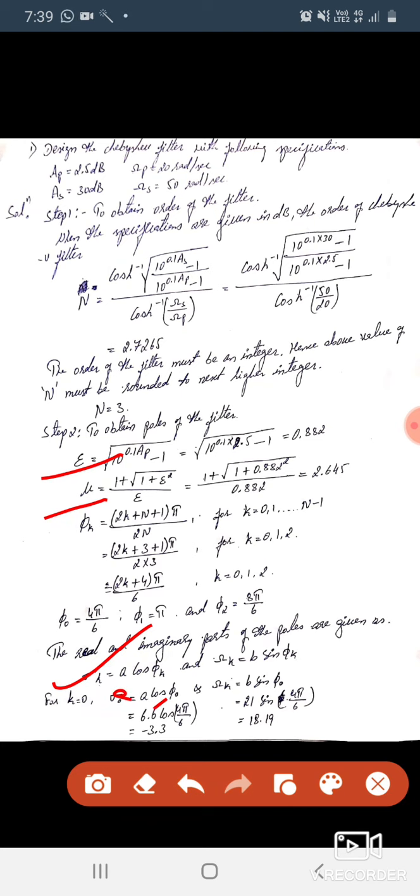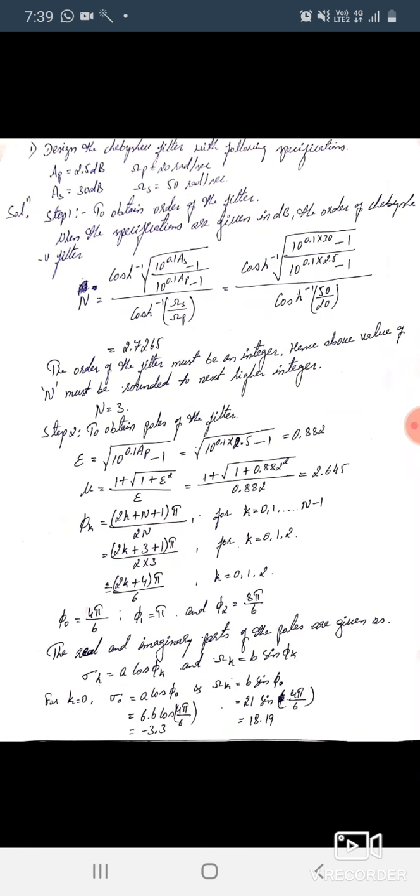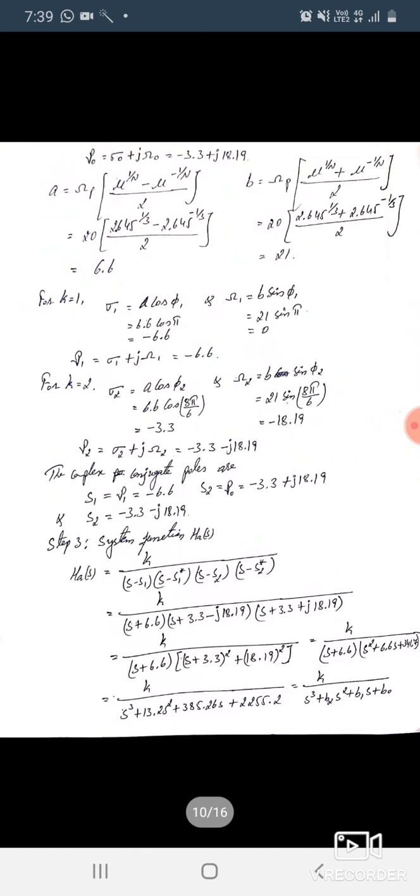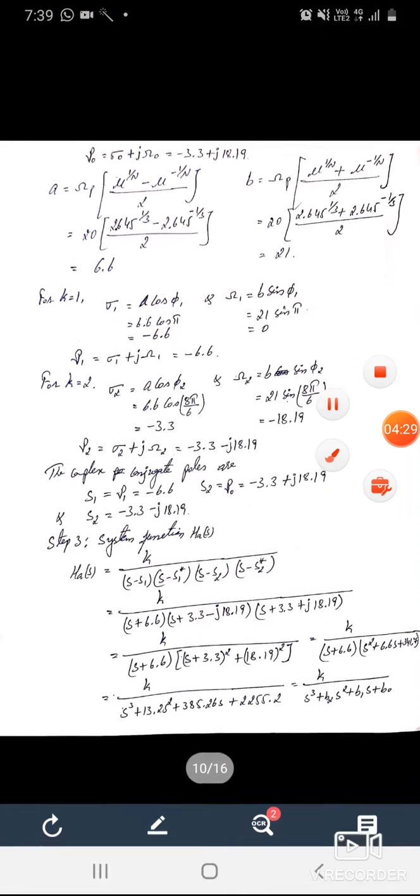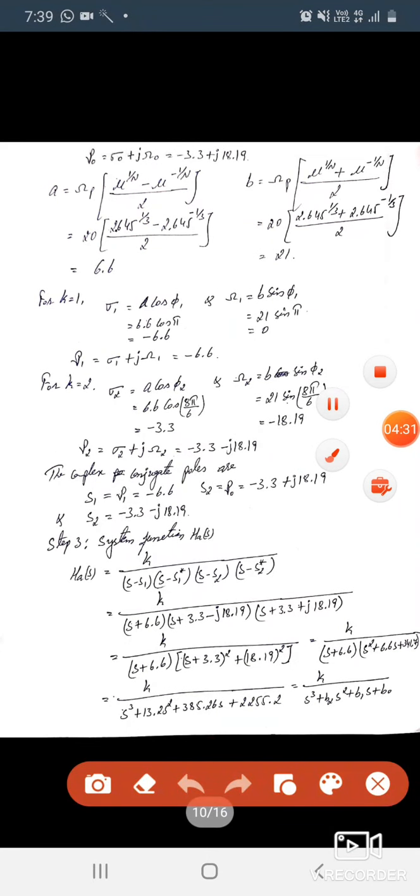We know what our A is, and we already know phi 0. Here you substitute both values. Then we will be getting the pole value P0 equal to sigma 0 plus j omega 0 as minus 3.3 plus j 18.19.